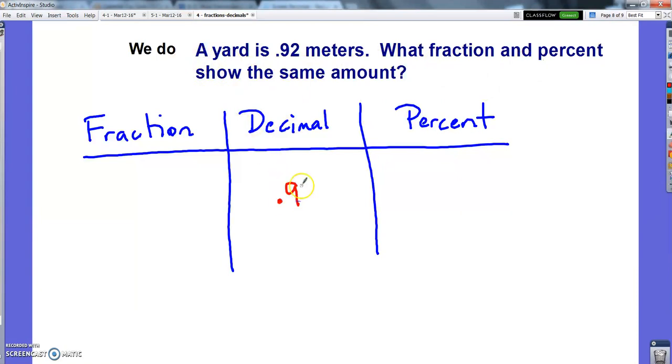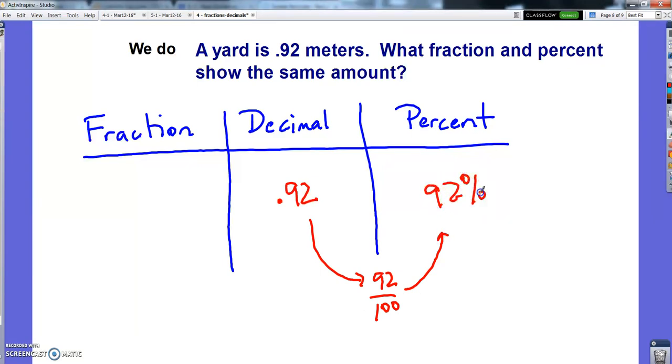So a yard is 92 100ths meters. So that is 92 100ths, which is 92% of a meter. Almost a meter. It's 92%. And to go to a fraction, I can also do 92 out of 100.